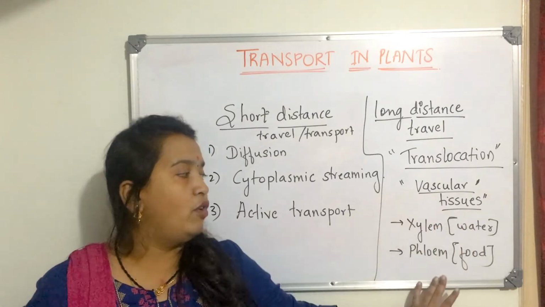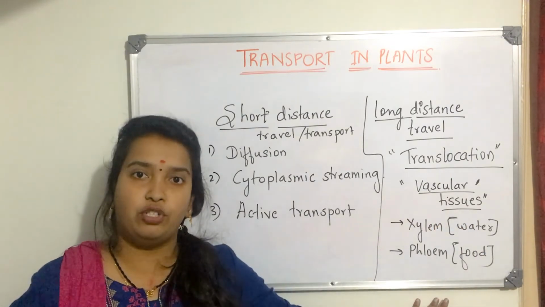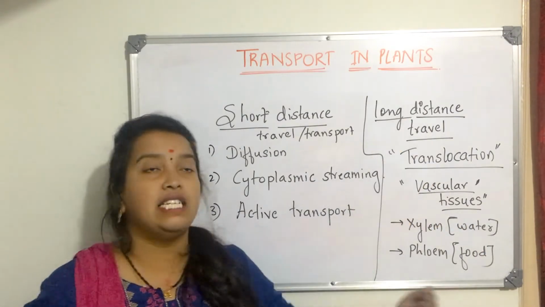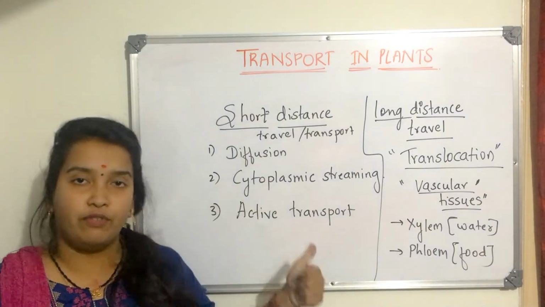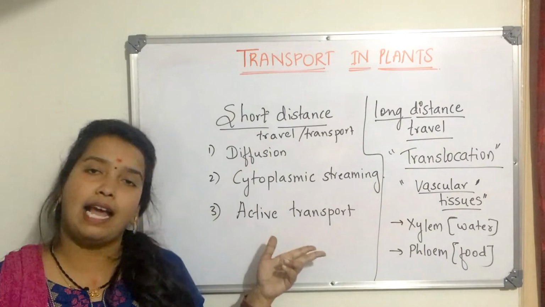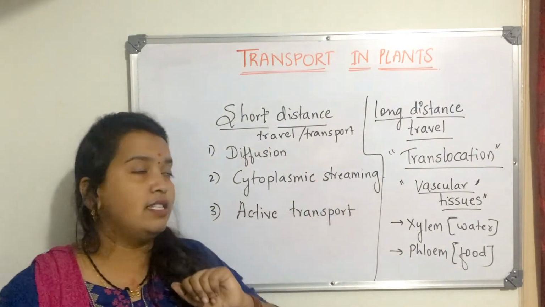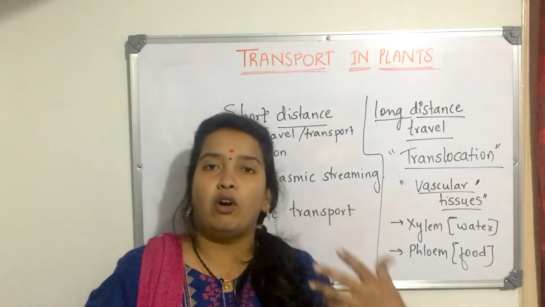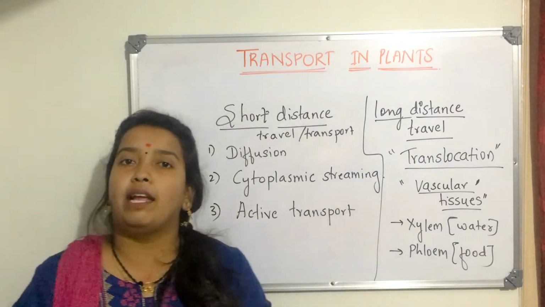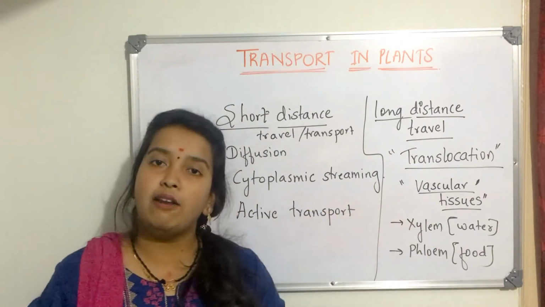Xylem and phloem are the two vascular tissues which help in long distance travel. For short distance we have three types: diffusion, cytoplasmic streaming and active transport. For long distance we have two tissues, not methods you can say, that is xylem and phloem.